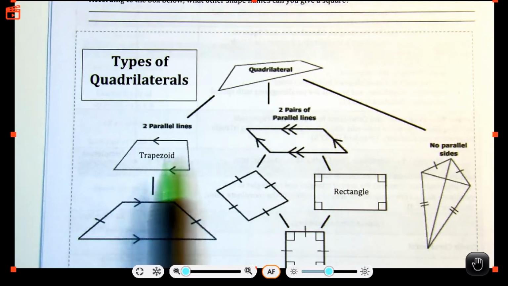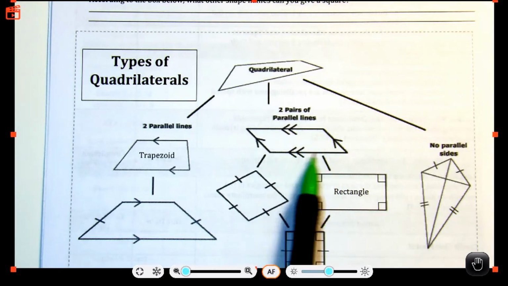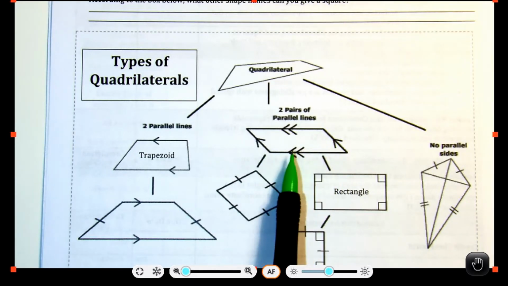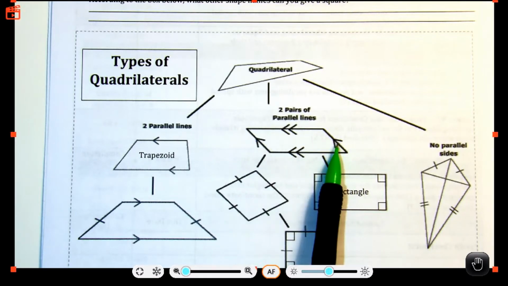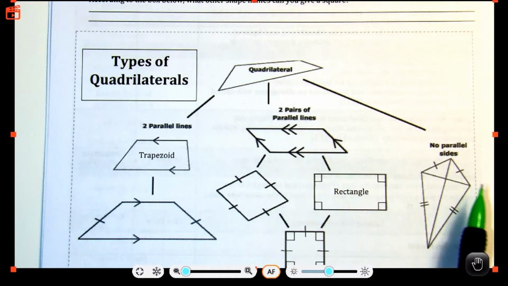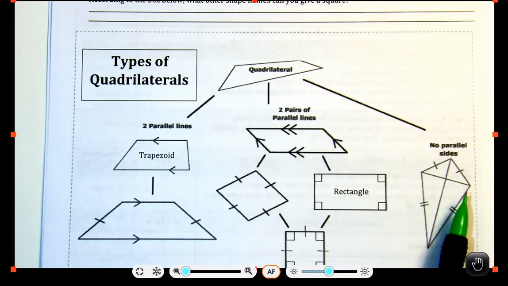There are parallelograms, so this is called a parallelogram. And a parallelogram has two pairs of parallel lines. So these two lines are parallel to each other, and these two lines are parallel to each other. Next, we have a kite. So kites have no parallel sides.